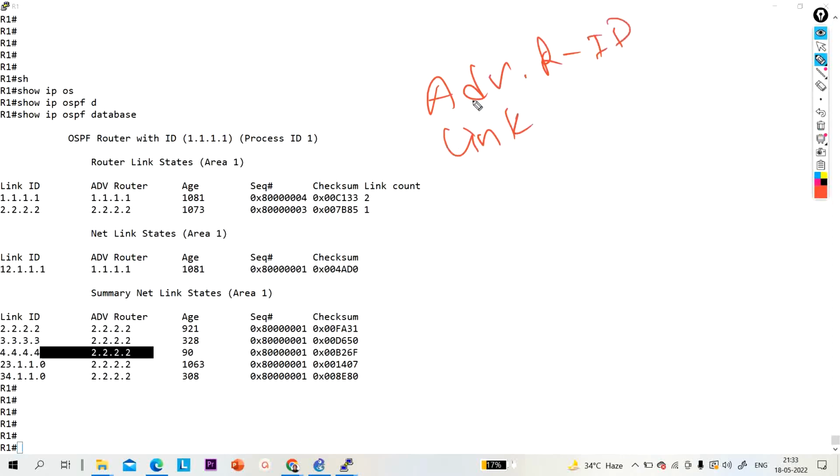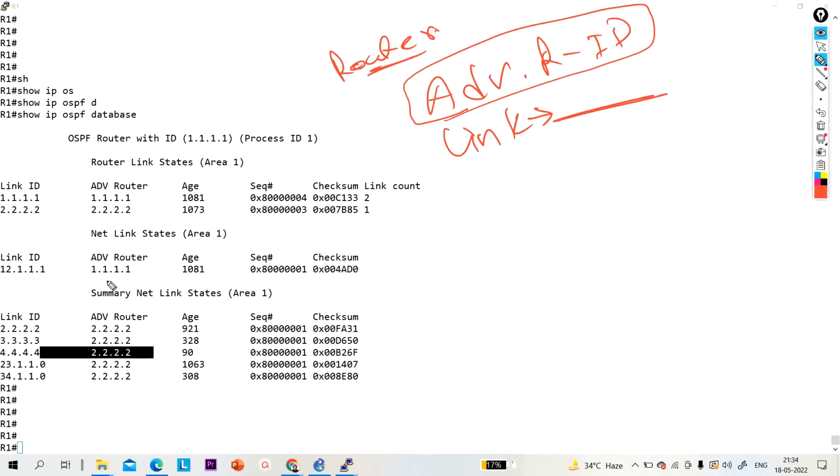Guys, in all LSAs, the advertising router ID will be the router ID that is advertising that LSA. And in link ID, in router LSA, means in LSA 1, link ID will also be the router ID. In LSA 2, you can see in the link ID, there will be the IP address of the DR. This is the IP address of the DR. In LSA 1, in both fields, there will be the router ID of the advertising router.